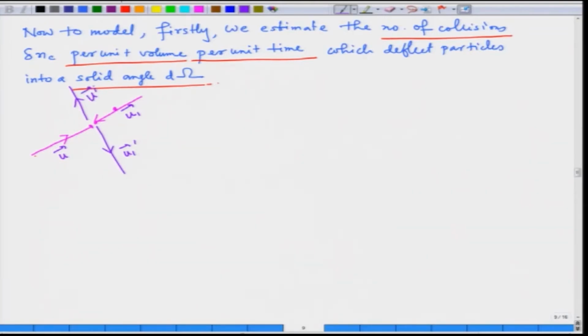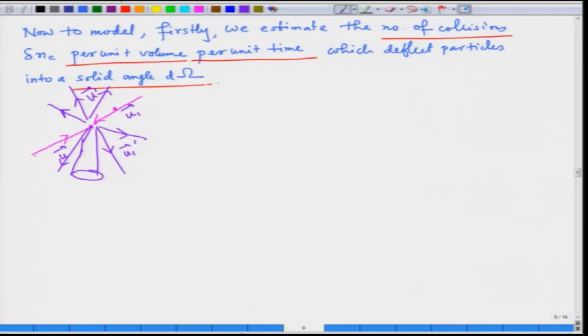And someone, let us say, is counting how many particles are coming into this direction. Just keeping the momentum conservation intact, the two particles can go like this and this, and also like this and this, all are possible.